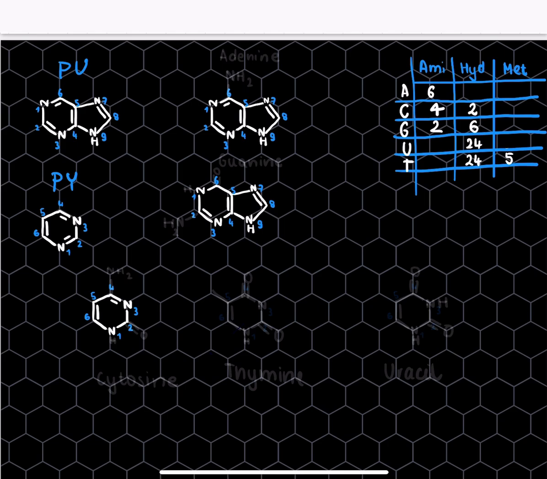For example, we have adenine, so you just attach NH2 to carbon number 6, and for guanine you attach O double bond to carbon number 6 as well, and NH2 to carbon number 2, and you do the same with cytosine and thymine and uracil.